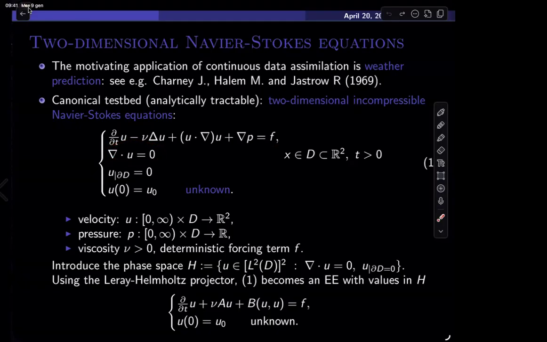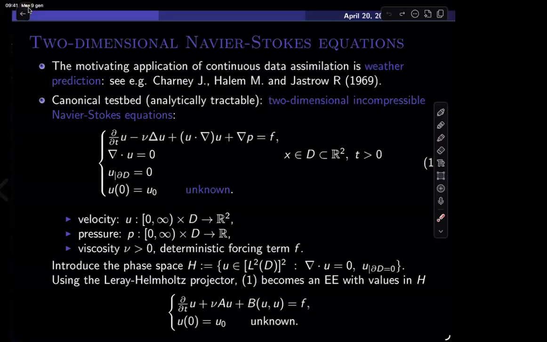When you want to formally analyze this kind of equation, usually you project it into the space H, which is the L2 space with the divergence-free condition, and you also consider Dirichlet boundary condition.